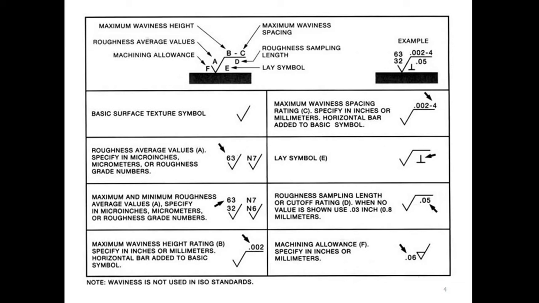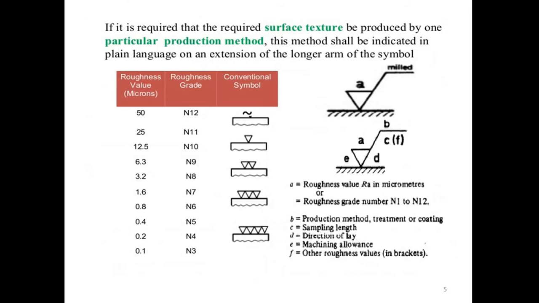Lathe symbol E, that is perpendicular. Roughness sampling length or cutoff rating, capital D, when a number value is shown, that is 0.03 inch or 0.8 millimeter. And the last one is the machining allowance, F, specified in inches or millimeters, that is 0.06.